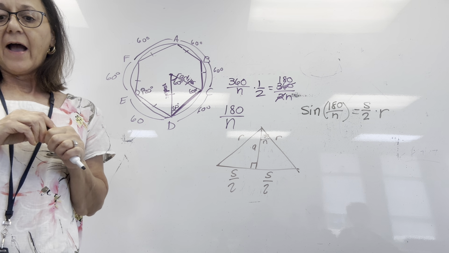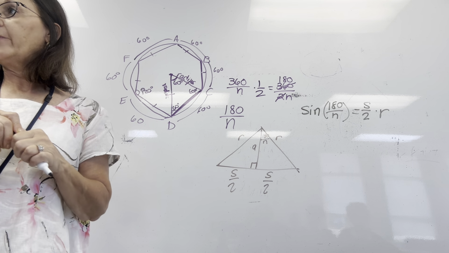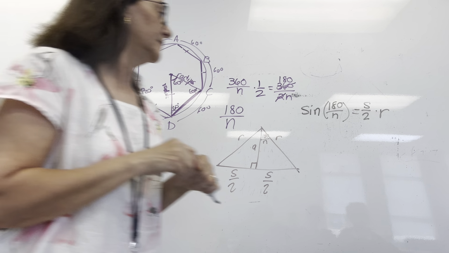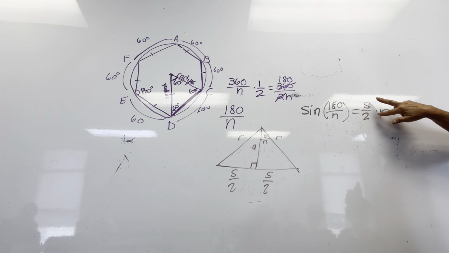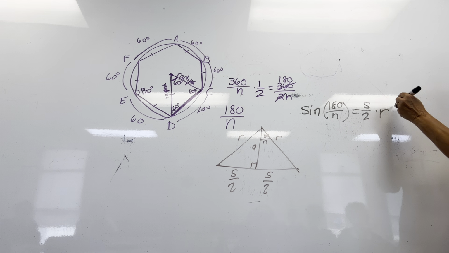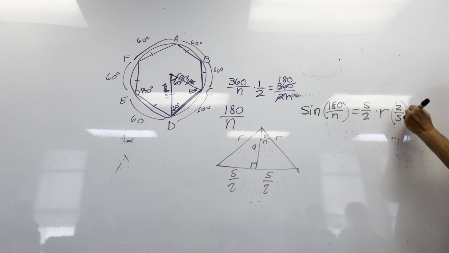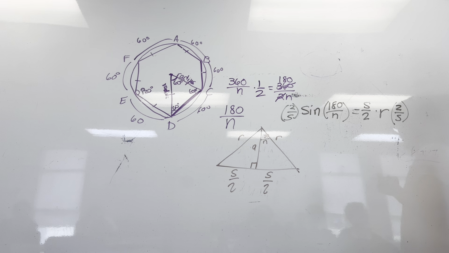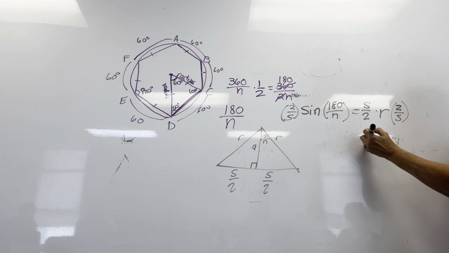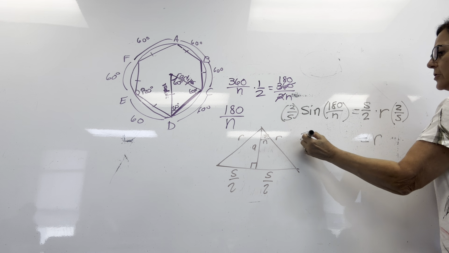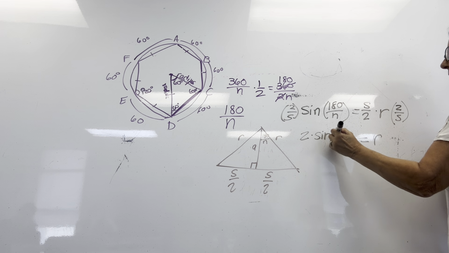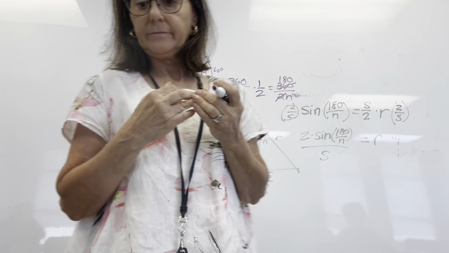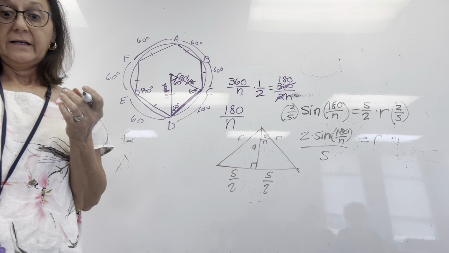Now, if I wanted to solve for the radius, I could. I would multiply by the reciprocal, which would be 2 over the length of the side, such that the radius is equal to 2 times the sine of 180 over n all over the length of the side.